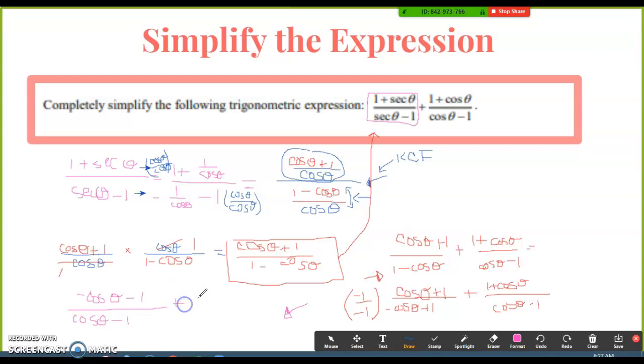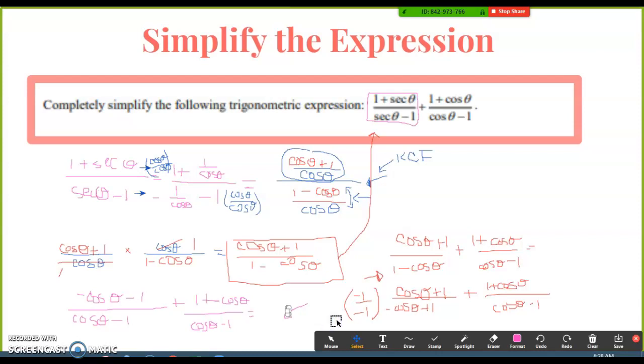And I'd be adding that to the same fraction of 1 plus cosine of theta over cosine of theta minus 1. And guys, we are so happy because we now have a common denominator for these fractions. And let's look what's happening in the numerator.